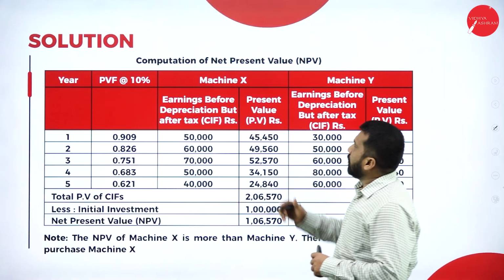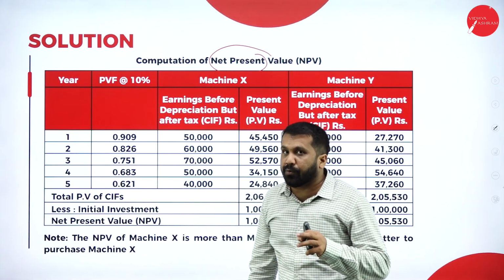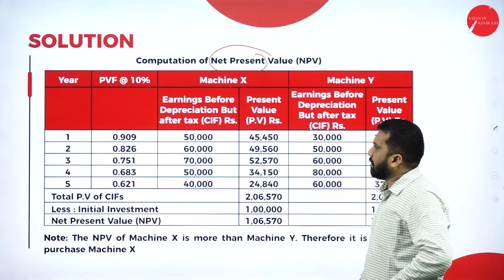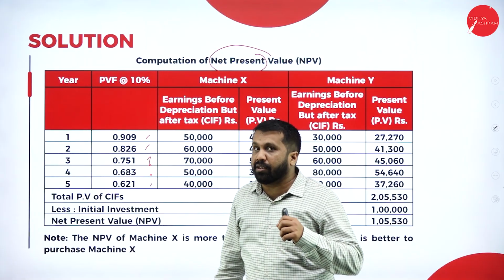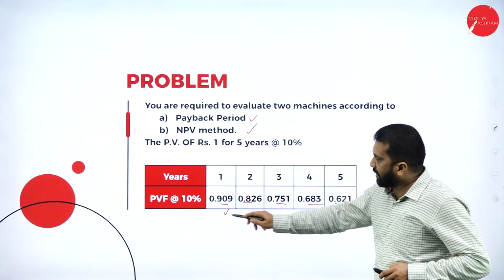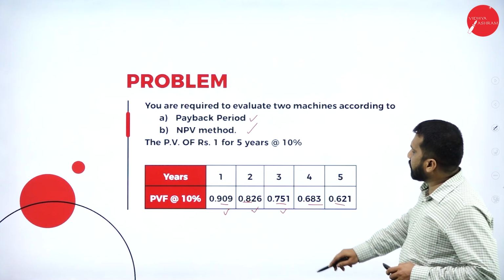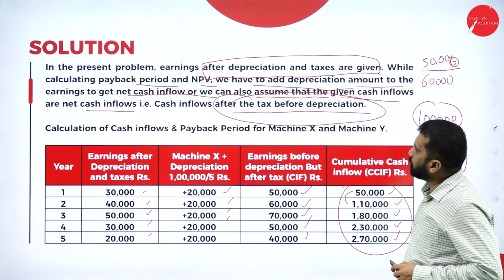Now we'll come to your computation of NPV, net present value. How do you calculate net present value? You know all the PV factor? Yes. Where do you get all your PV factor? I'll show you. Your PV factor 0.90, 0.82, 0.75, 0.68, 0.621.